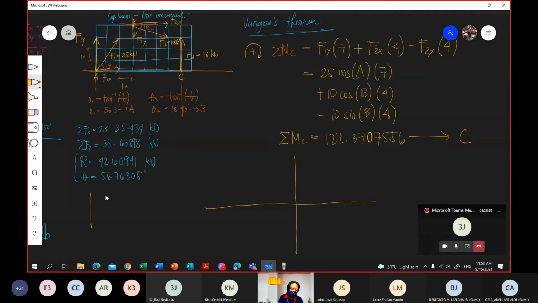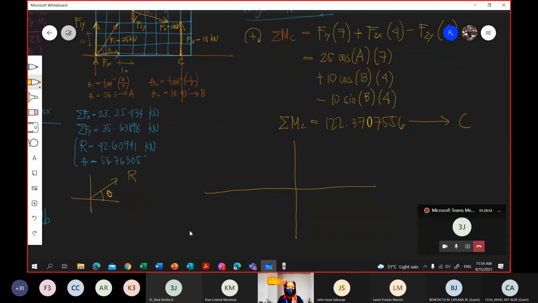So on the Cartesian plane, this is your resultant, upward to the right, since it is 56.76. Take note, positive moment means clockwise, and the direction is upward to the right. Listen carefully, and if you don't understand, please ask questions later.